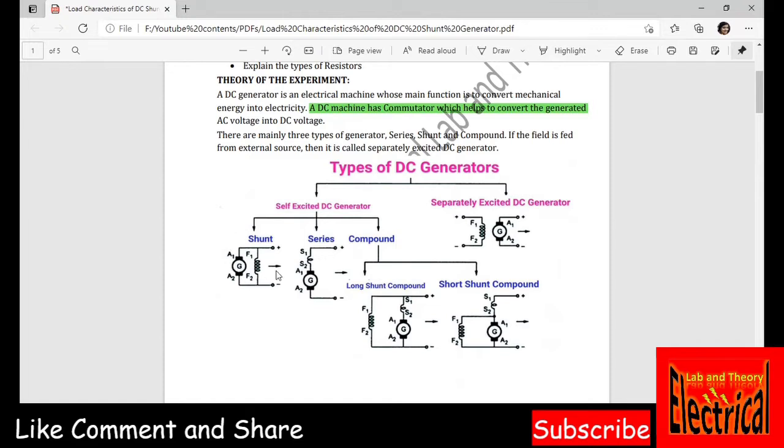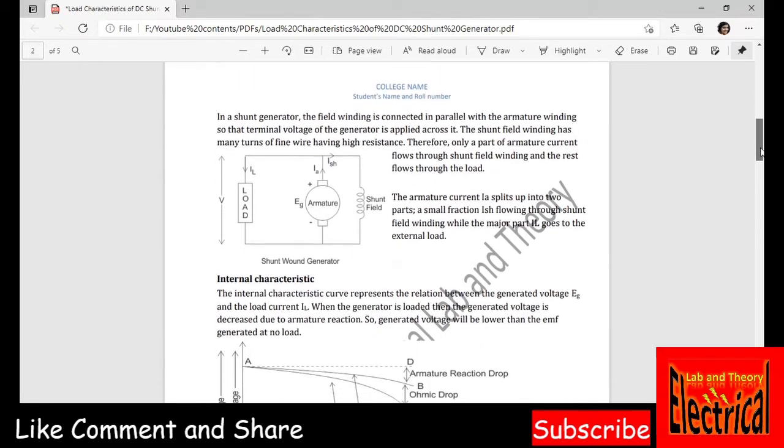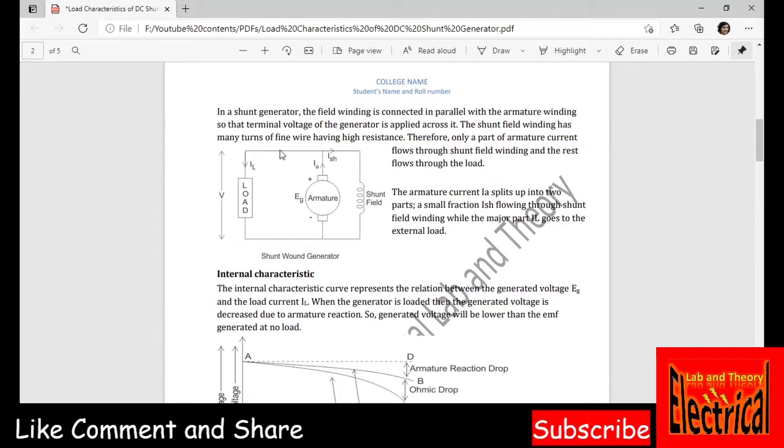So we will more deeply discuss the shunt generator because this is the load characteristics of the shunt generator. So we'll broadly discuss the shunt generator. Okay. So let us come to the shunt generator. This is the connection diagram of shunt wound generator. So what happens in shunt wound generator?